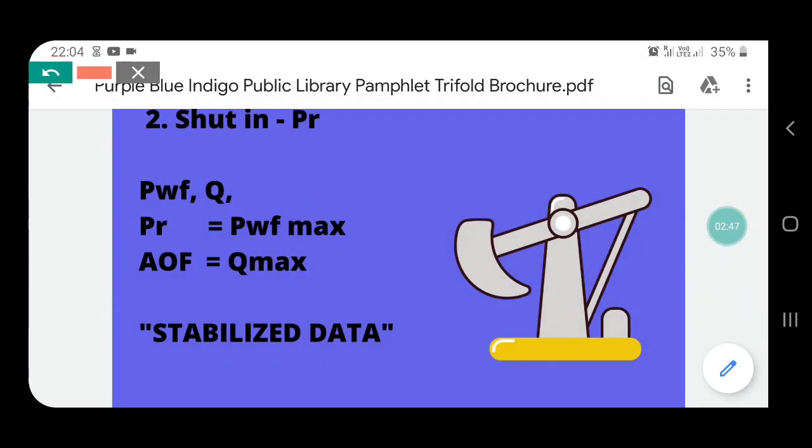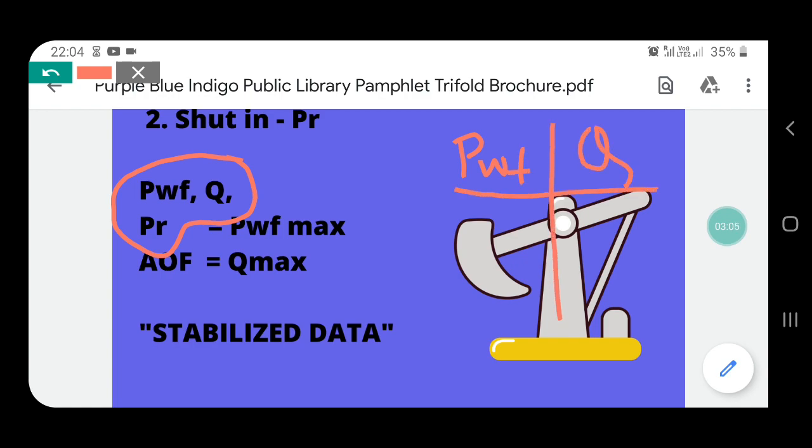So for now we have these three values, and with the help of these three values, by checking out the reservoir conditions, we will develop an IPR equation. That IPR equation will define a relationship between PWF and Q.